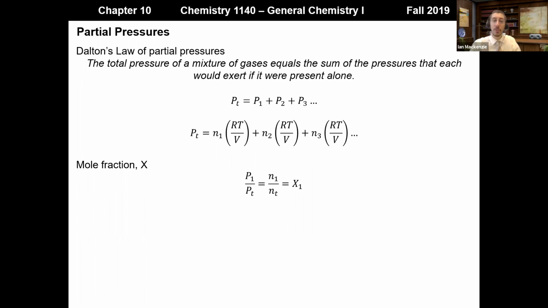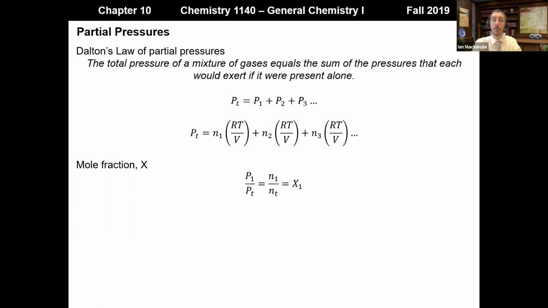Because of the previous relationships, this is also equal to the partial pressure divided by the total pressure. Because pressure is directly related to the number of moles, that relationship holds.